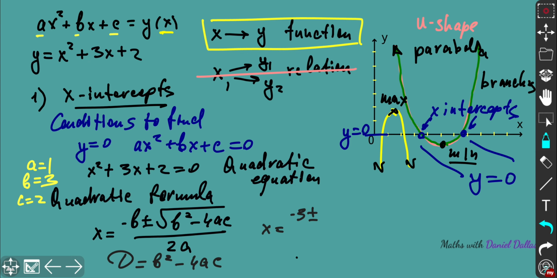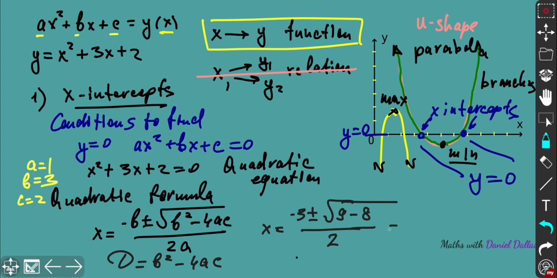I'll explain in a minute. Right now, let's grab the numbers and calculate. b squared is 3 squared, which is 9, and minus 4ac means minus 8. You'll have the square root of 9 minus 8, which is simply 1, over 2a.